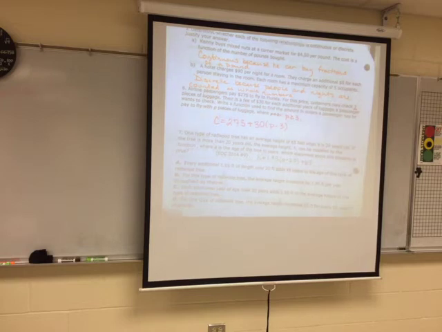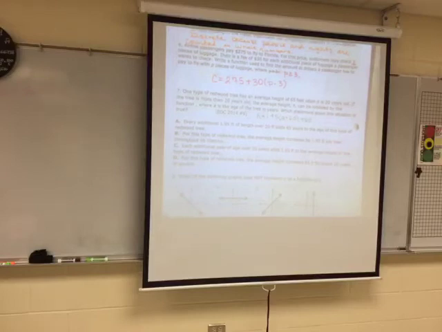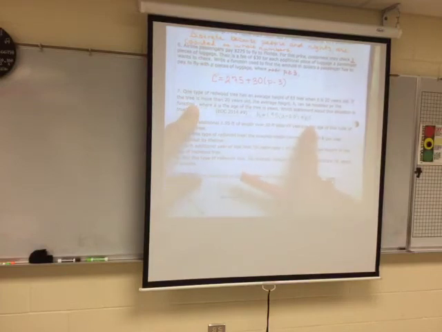Number 7. Number 7 says one type of redwood tree has an average height of 65 feet when it is 20 years old. If the tree is more than 20 years old, the average height h can be modeled by the function, and then I left off the function by accident because I copied this over from another document.